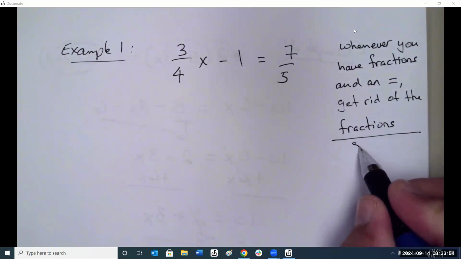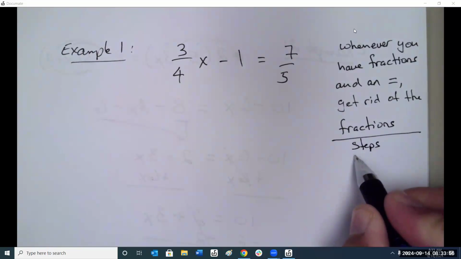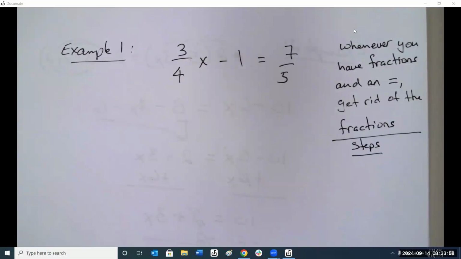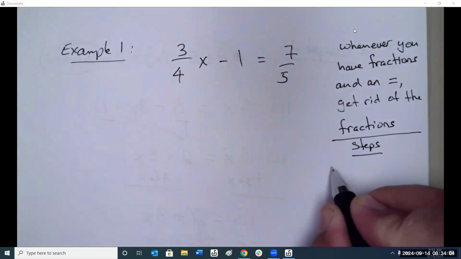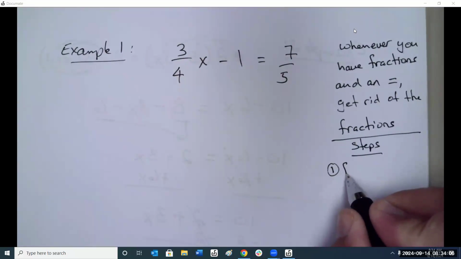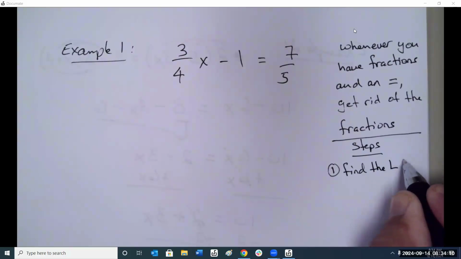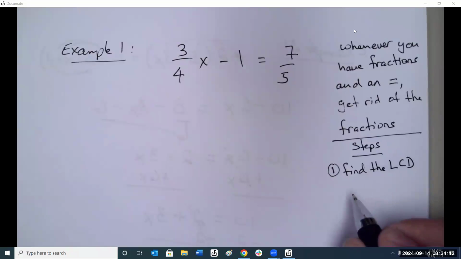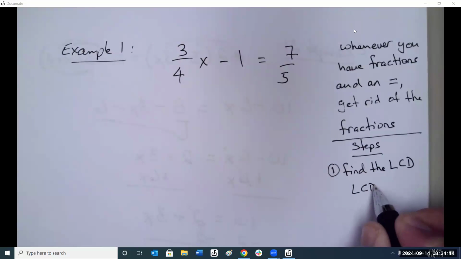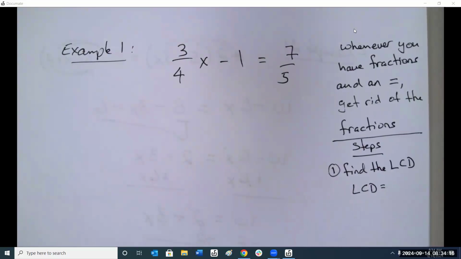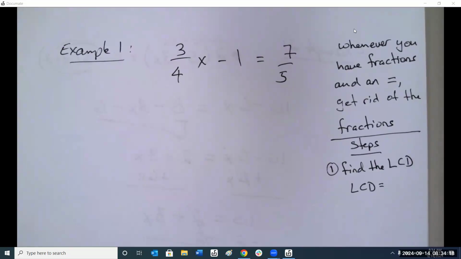Here are our steps. First step: find the LCD of the equation. Least common denominator.